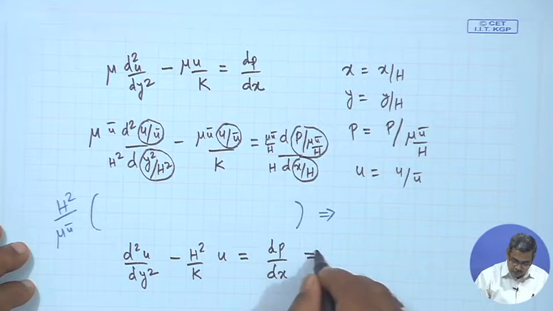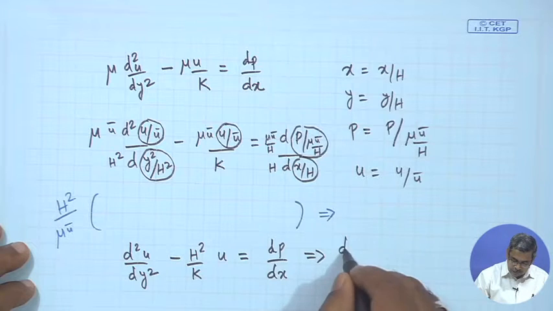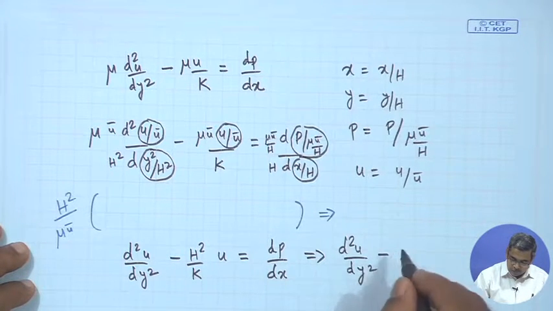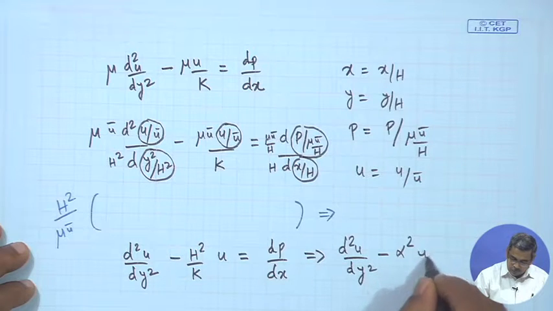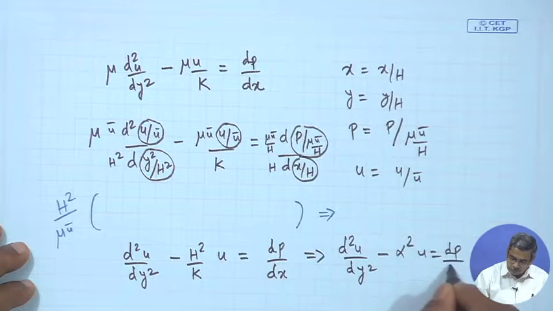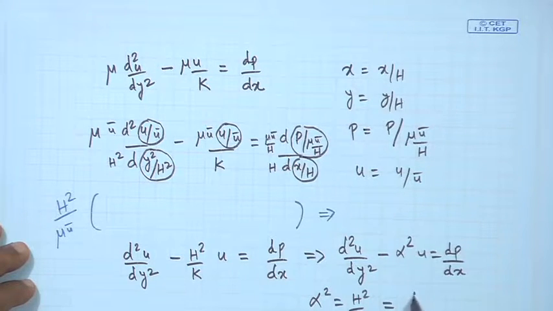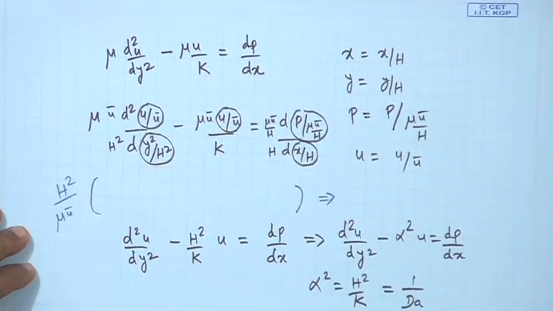So, this can be written as, you give a notation some alpha square u, where alpha square is h square by k. Still you might be wondering where is the corresponding Darcy number that we have defined. This is nothing but 1 over Da.